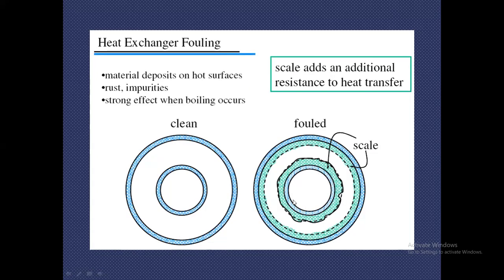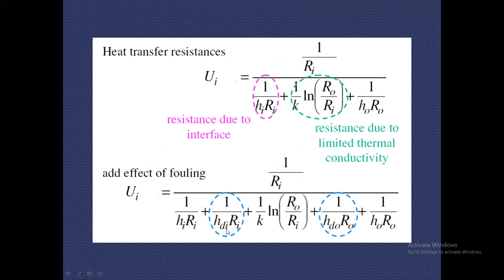You have one inner and one outer, and this is your tube that is also offering conductive resistance to the flow of energy from the fluid in the shell to the fluid in the tube. So you account for its resistance. You have two resistances added here.